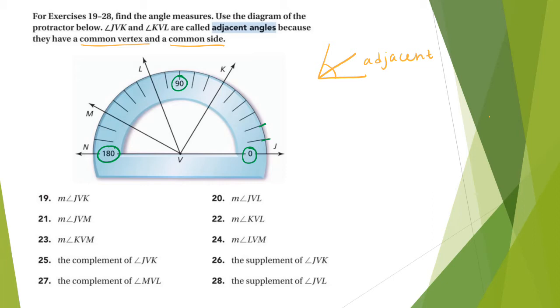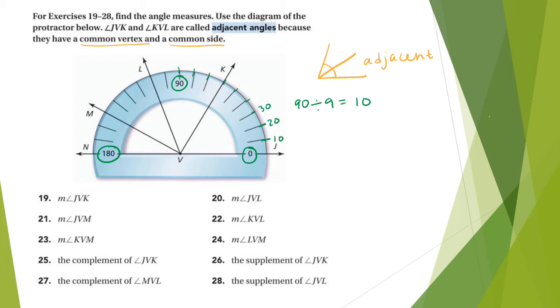And so if I count, for example, the number of marks, I see 1, 2, 3, 4, 5, 6, 7, 8, 9, I see 9 marks. And so if I take 90 and divide by 9, I get 10. And that tells me that each of these is worth 10 degrees.